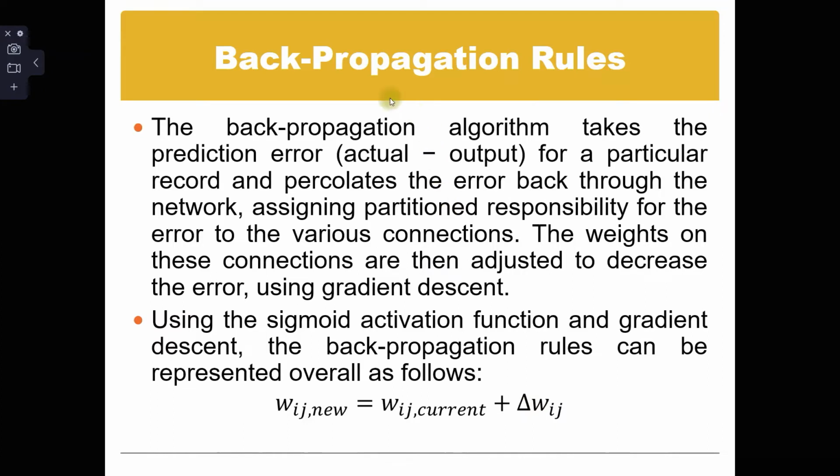But the backpropagation rule will be applying the chain rule to obtain the derivative of the sum of squared errors with respect to the different weights, and we will get into that in a moment.